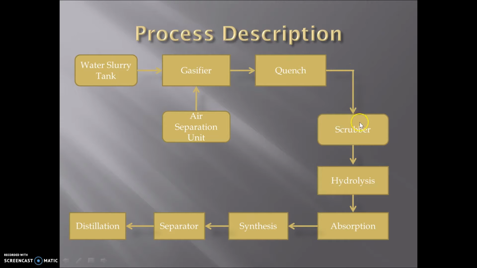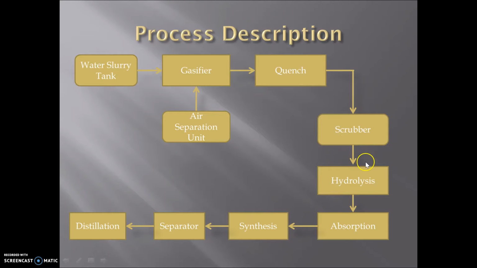Next, the syngas goes onto the scrubber. The scrubber separates the particulate, also known as solid, which is unconverted carbon, from the syngas.